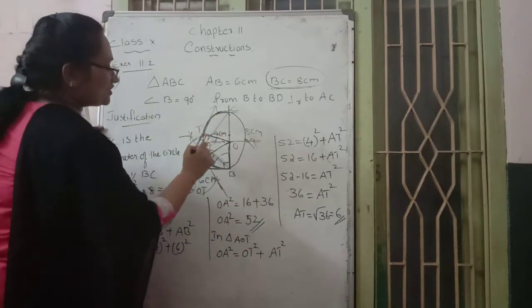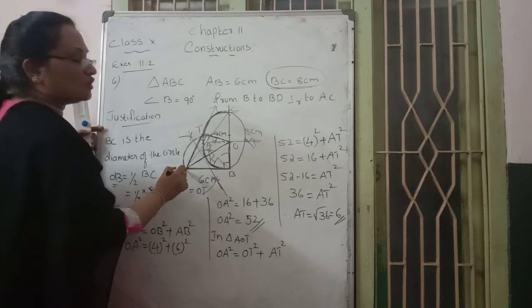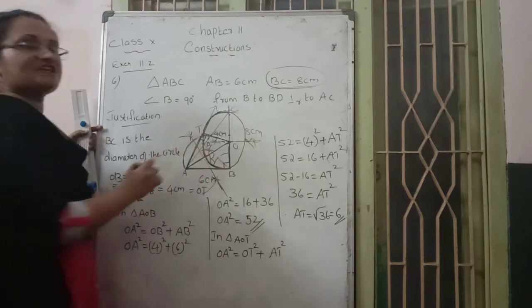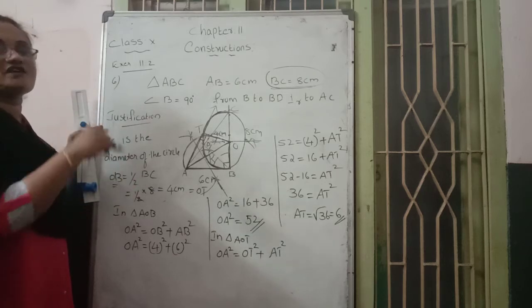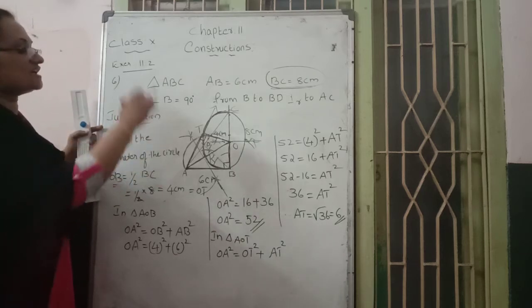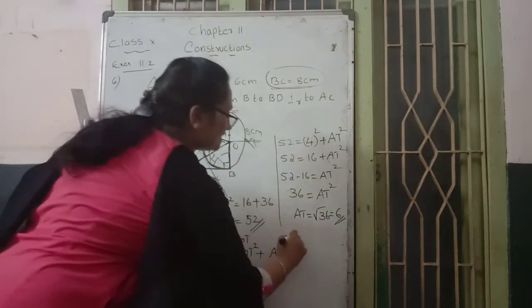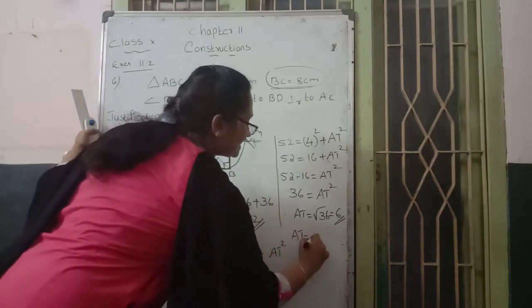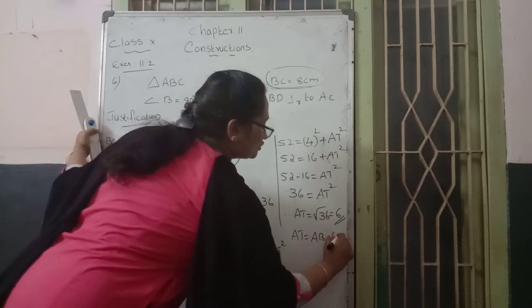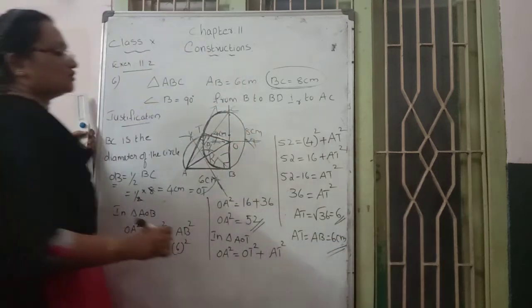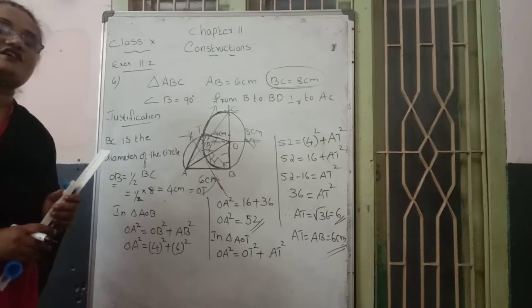With respect to the first circle, A is a point outside that circle. So AT and AB are the two tangents. AB value we already know, and AT we also proved becomes 6. So AT and AB both become how many centimeters? 6 centimeter. I hope you can understand this question.